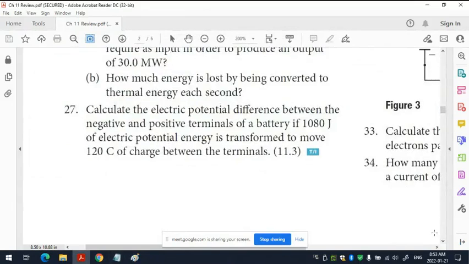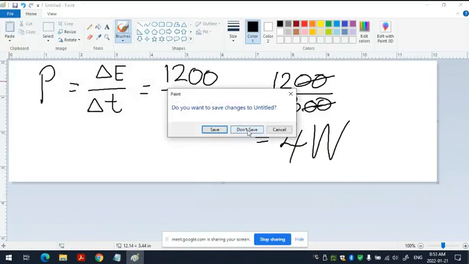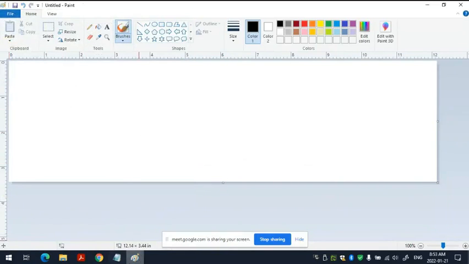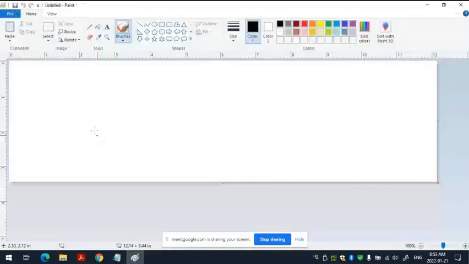Calculate the electric potential difference between the negative and positive terminal if 1080 joules is needed for 120 coulombs of charge. What equation do I use now? Calculate the electric potential difference, so delta V. What's the equation for delta V?